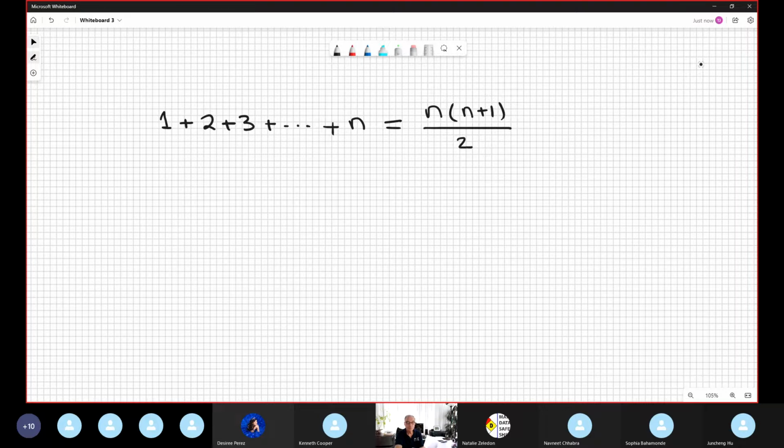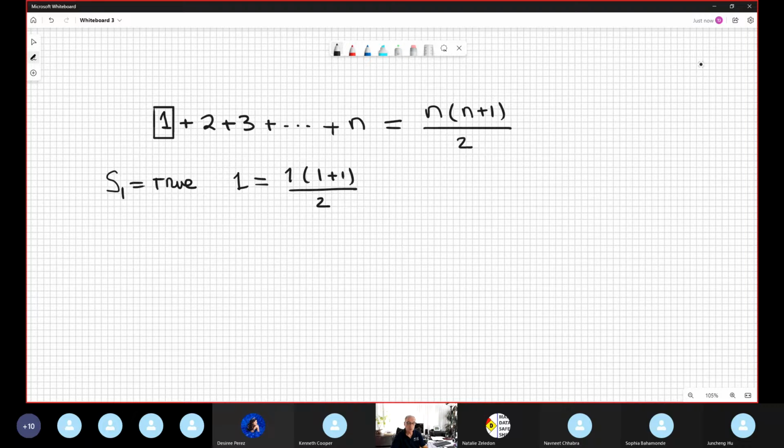Let's do it. Now I want to prove this using mathematical induction. Remember, statement 1 to be true. Statement 1 is under the assumption that n is equal to 1. And you take the first guy, is this. Not always happen, but it's 1. Should be equal, plugging in 1 here, 1 times 1 plus 1 divided by 2.